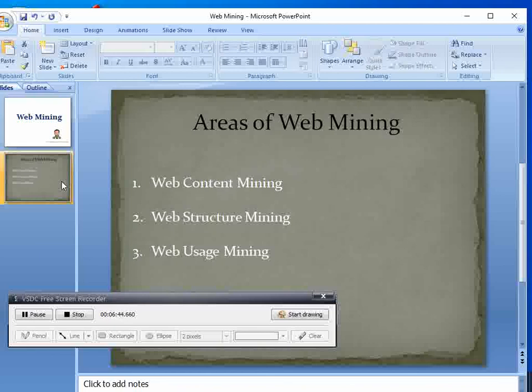Data mining is very useful for web page analysis, whereas web mining is very useful for a particular website and e-service. From that particular website we can find out the data, I mean, we can find out the pattern. Web mining is done from a particular website, whereas data mining is useful for web page analysis.